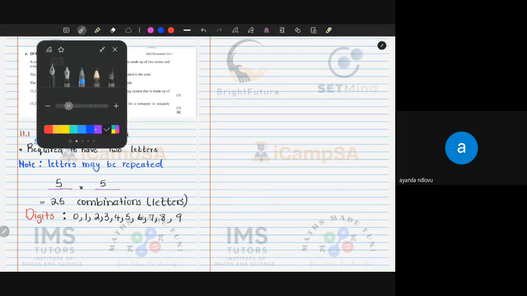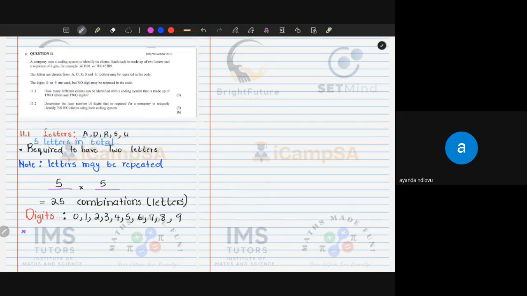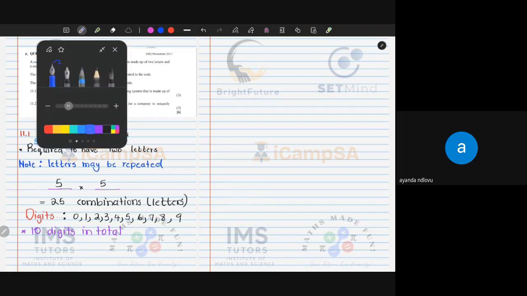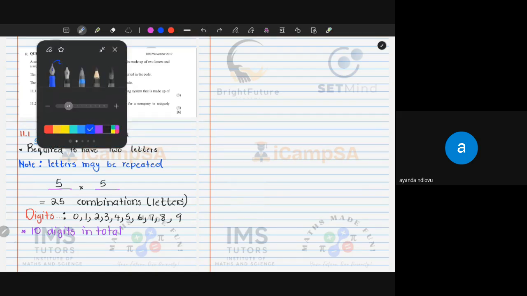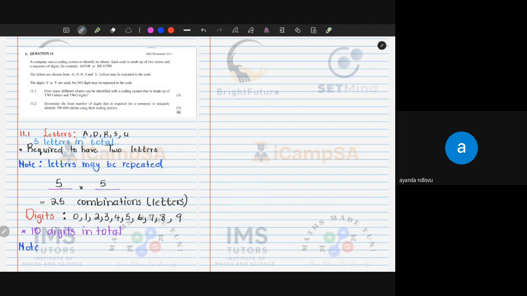So essentially what we have is 10 digits in total. And then we need to make a note. Are we allowed to repeat the digits? And they say no digit may be repeated. So that needs to be noted down. So I'm going to say note, no digit may be repeated.